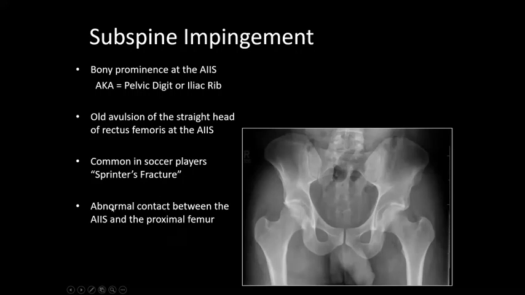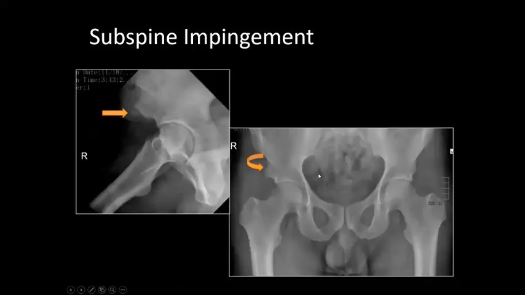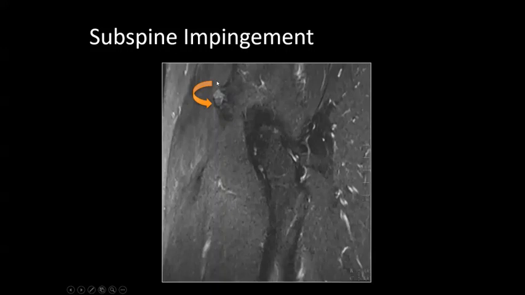As was mentioned quite correctly, during flexion of the hip, the femur comes into contact with this, and that's how we develop subspinal impingement. Again, here is another example of subspinal impingement or iliac rib. On MRI you can see this pelvic digit or iliac rib with associated edema due to prior avulsion fracture of the anterior inferior iliac spine.